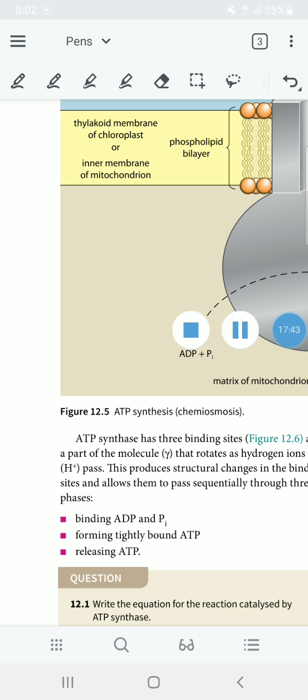ATP synthase. Leave a line and write, ATP synthase has three binding sites which allow the sequence of forming ATP and releasing it to happen sequentially.